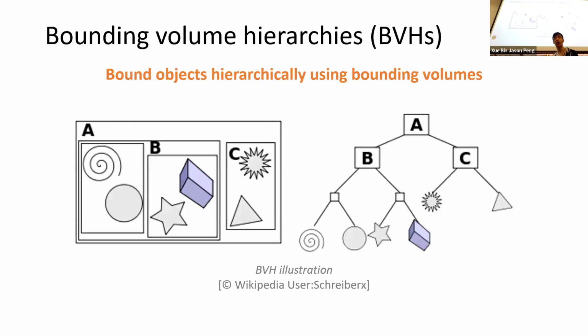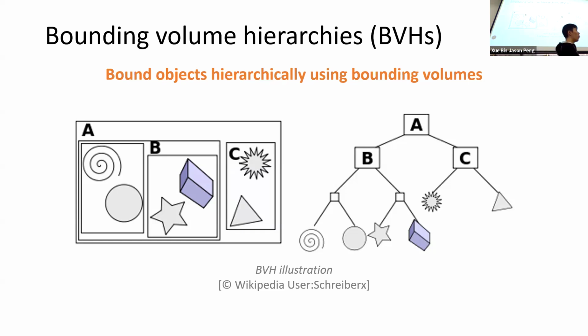As we mentioned before, with bounding volumes, we still have to perform the same number of intersection tests for every ray that we cast into the scene. But one idea with bounding volume hierarchies is that we can use bounding volumes to also reduce the overall number of intersection tests that we have to perform. And the way that we are going to do this is by approximating groups of objects using a single bounding volume.